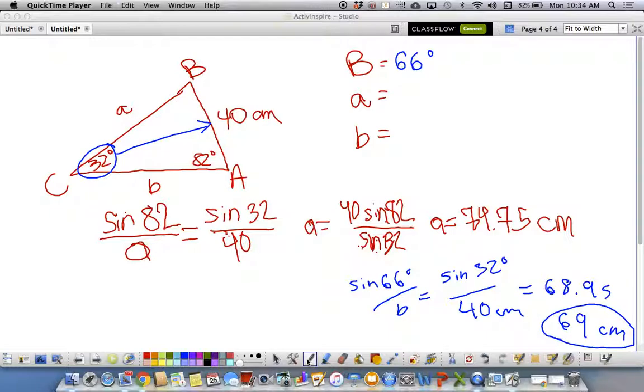So for the other ones, are we always guaranteed to get an angle and a side opposite it? No. We'll wait and do that tomorrow, just because I don't want to start something else when we have 30 seconds left. Two angles and a side, use the law of sines.